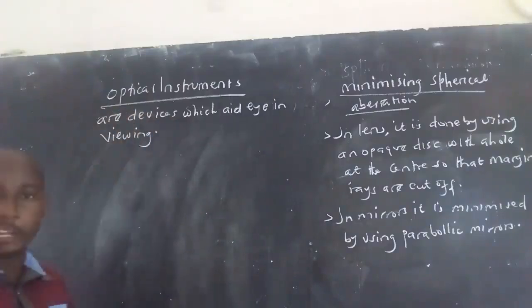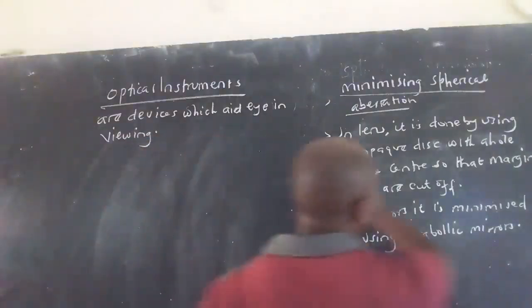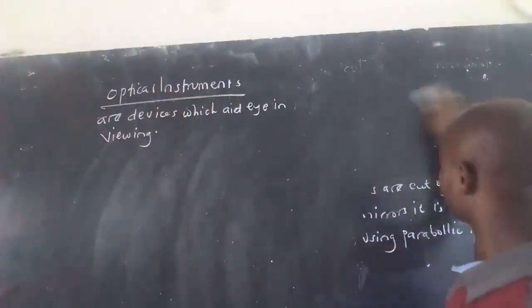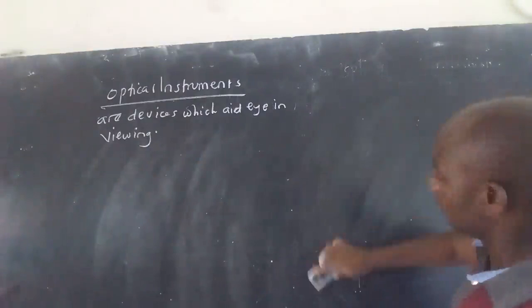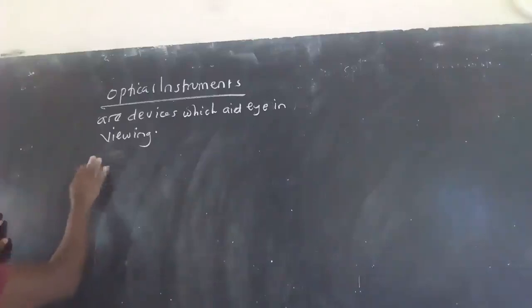These devices can be a telescope, a microscope, or spectacles. Then we shall look at the terms used, and we shall look at the eye as an optical instrument.